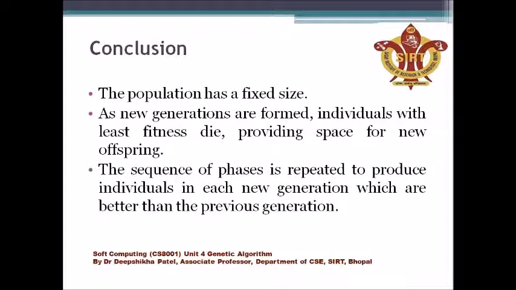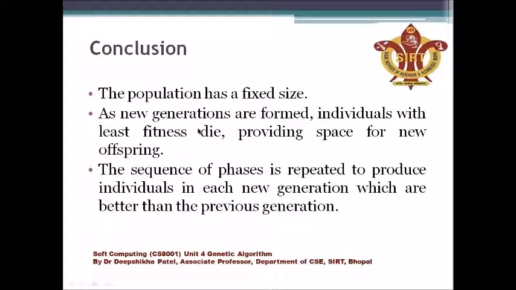It is very important to maintain the fitness score, because the individuals having the lowest fitness score get replaced by new offspring with better fitness scores. As new generations are formed, individuals with the least fitness die and provide space for new offspring.